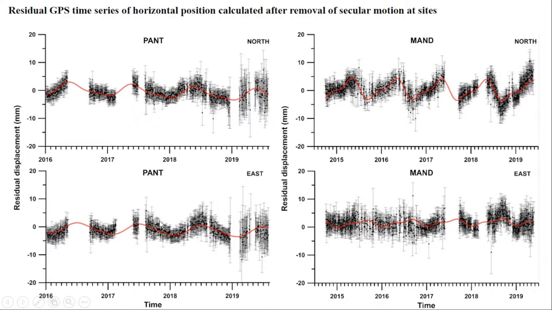Pantnagar also captures some non-tectonic component, but if you compare with the Mandal station, it is very high in Mandal. In Pantnagar the amplitude is also less compared to the amplitude of the Mandal station.